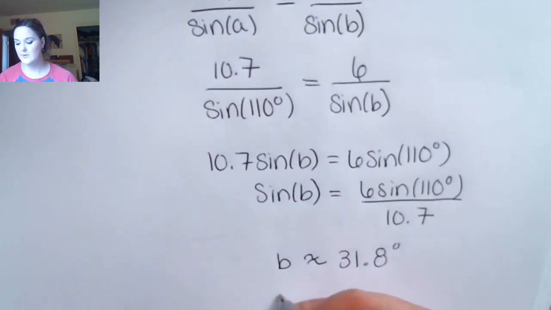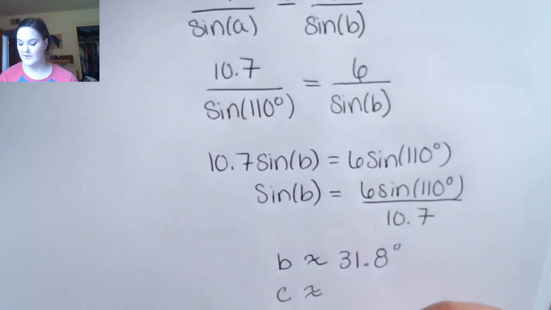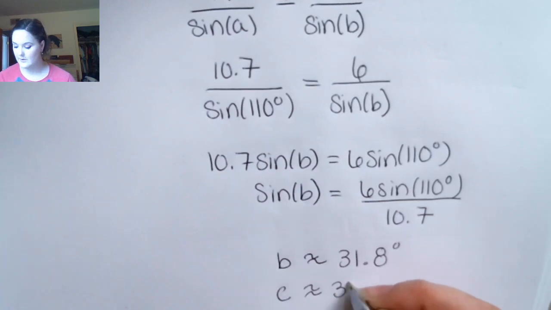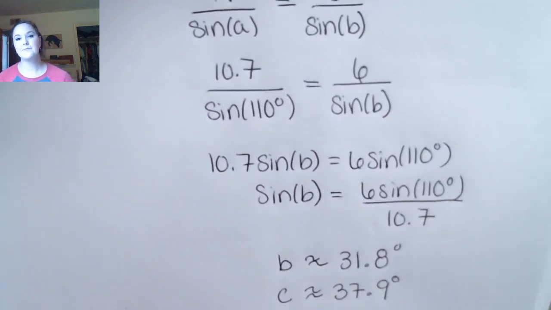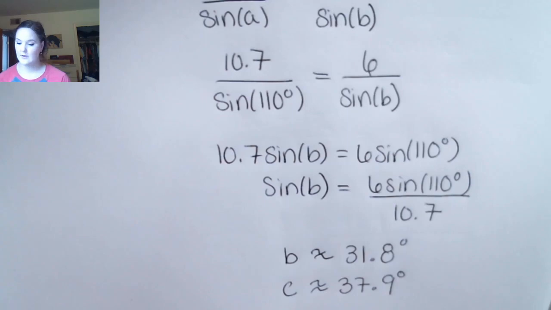Okay, and then we can subtract from 180 to get our approximate value for C, which is 37.9. All right, let's do one more example like that.